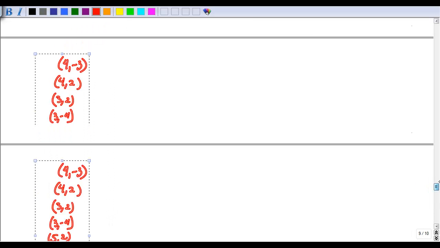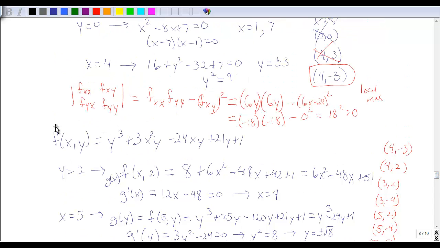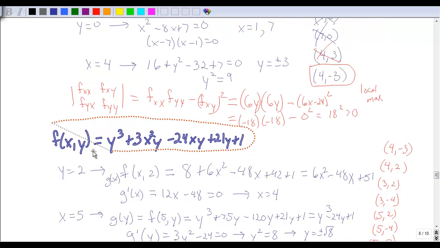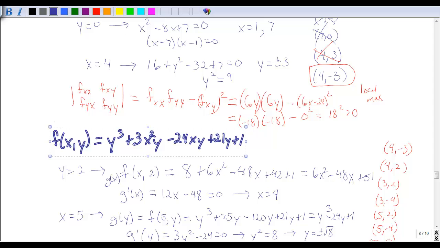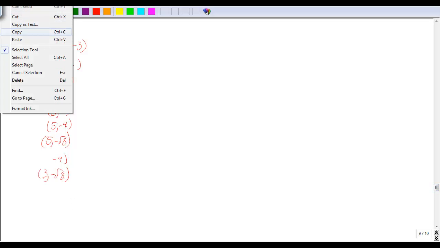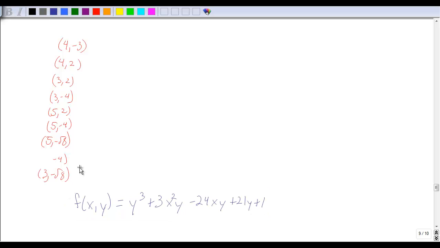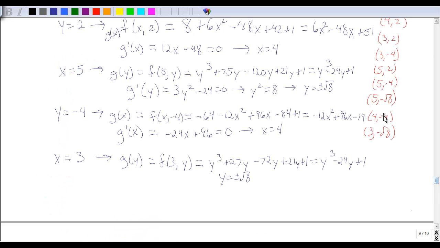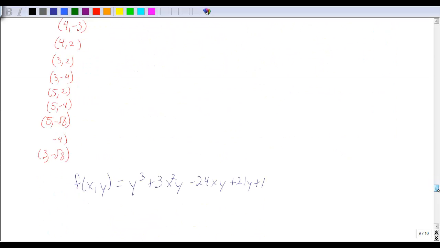And let's go and find our function. Let's go ahead and copy that as well. Here, edit, copy, and then move down. I guess I'm going to put this here, and I need to do edit, paste. It looks like I lost one, so 1, 2, 3, 4, 5, 6, 7, 8, 9. I lost part of one point, it didn't get in the copy. So 4, negative 4, 5, negative 4.